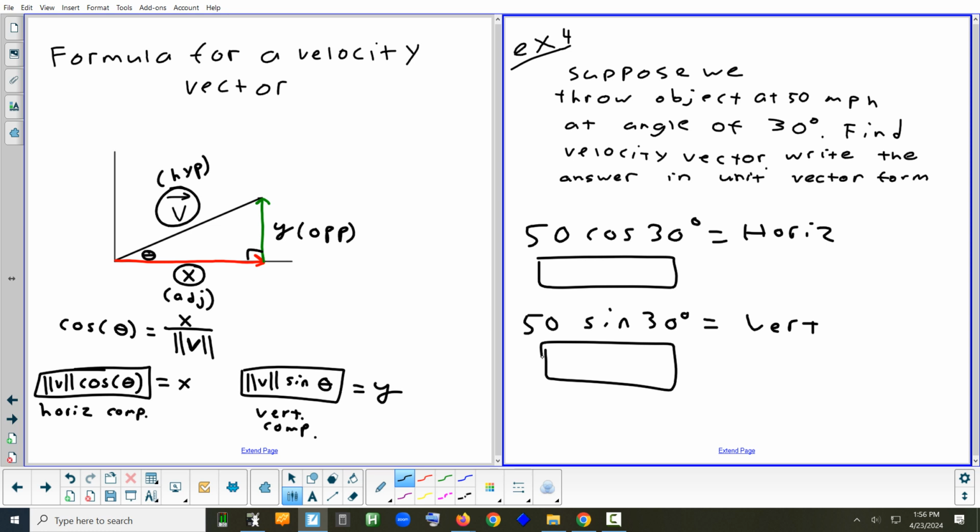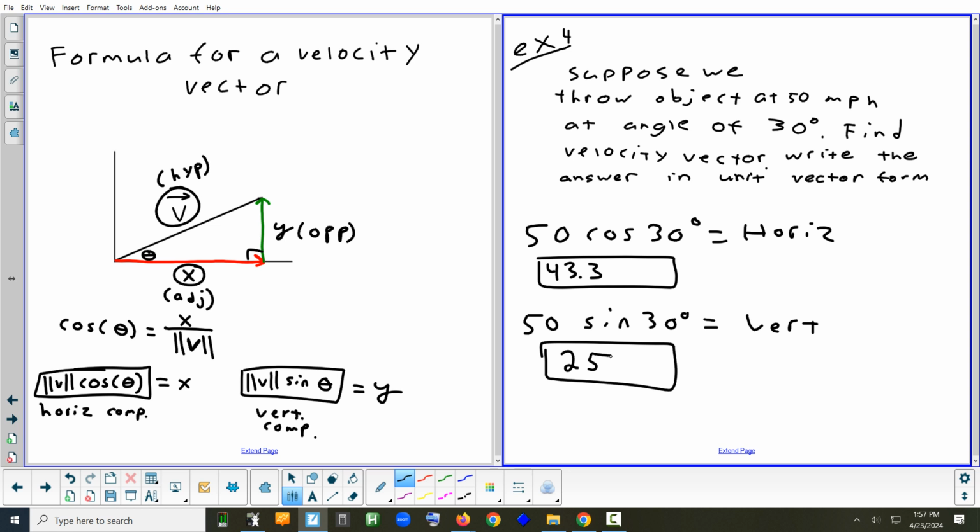For cosine, you get 43.3. Yeah, 43.3. And what do you get for the vertical one? 25. Exactly.